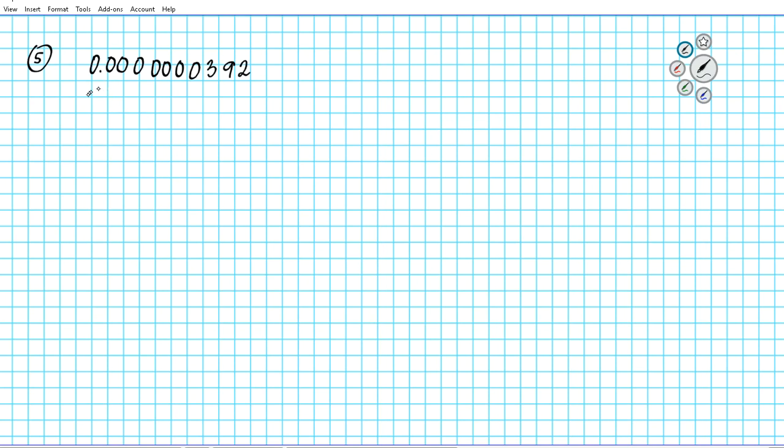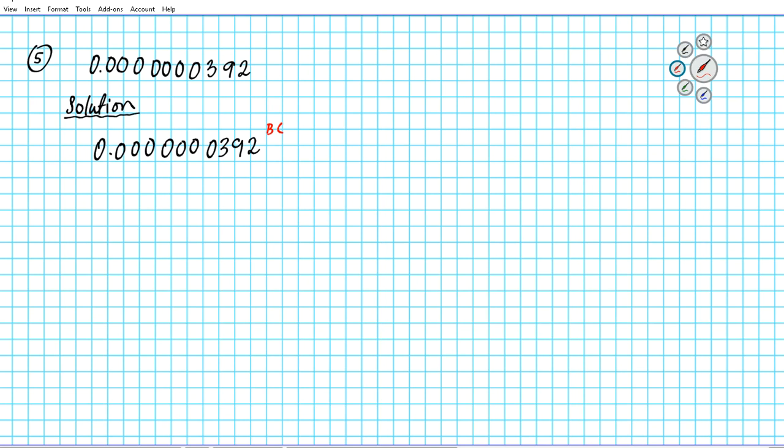Alright, so let's try this one out. Our solution is as follows. So we have 0.0000000392. Alright, so we want to convert this number into scientific notation.